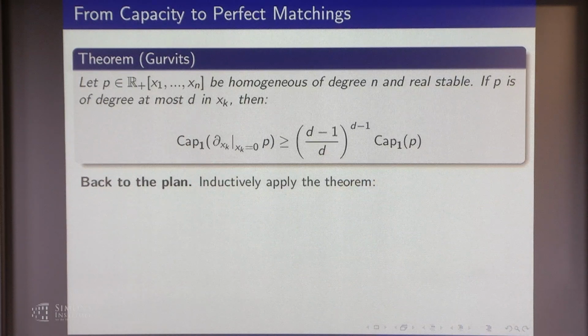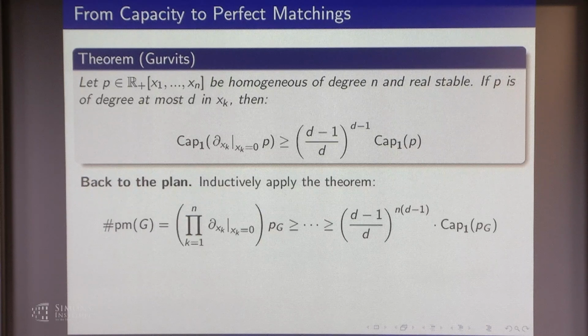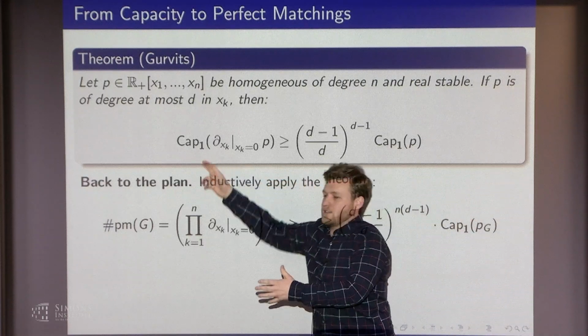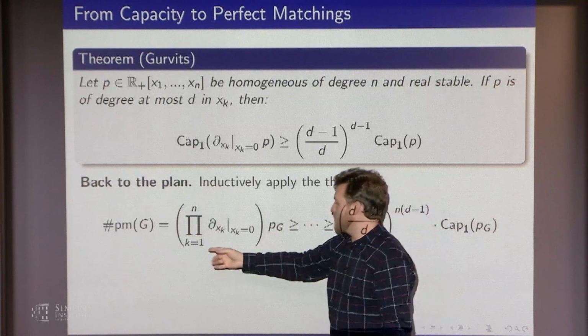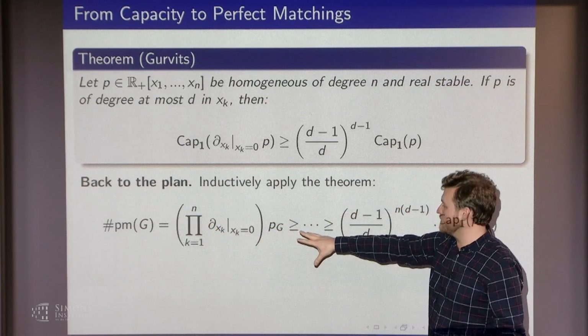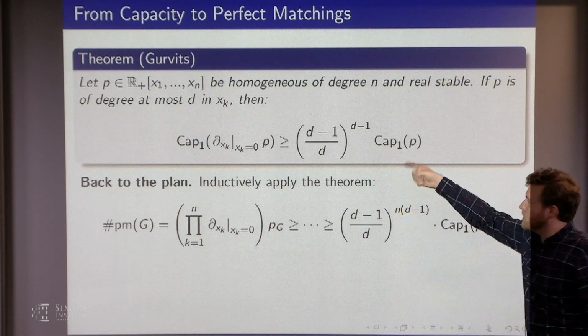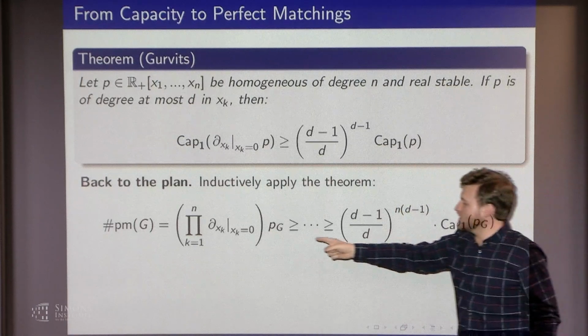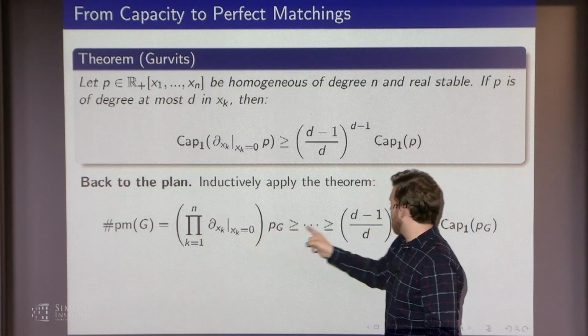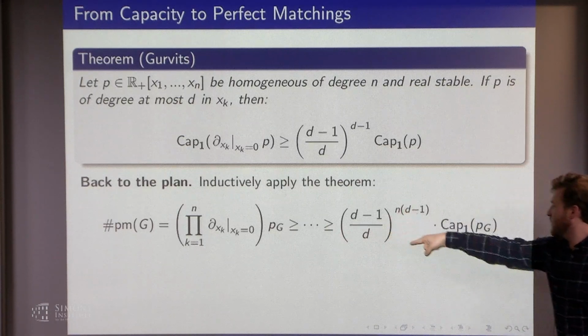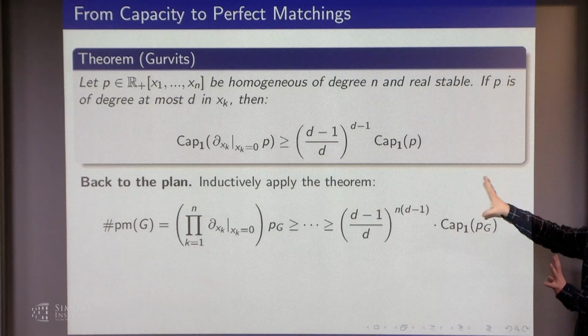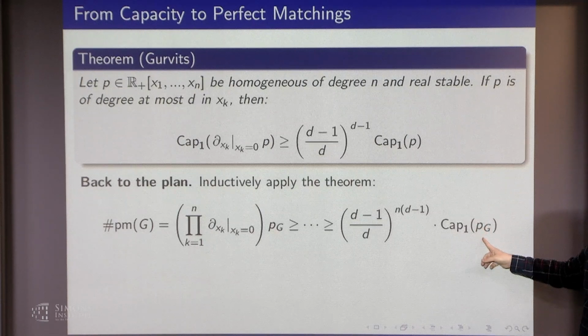By the time you spend all of your derivatives on this polynomial, you're left with no more ones in this capacity vector, and you are just left with the value that you get. So the number of perfect matchings is a bunch of derivatives applied to P. You apply this bound inductively to each derivative that you use, and at the end of the day you pick up n of these. By the time you're finished, you have no more derivatives, and so that's what you have.